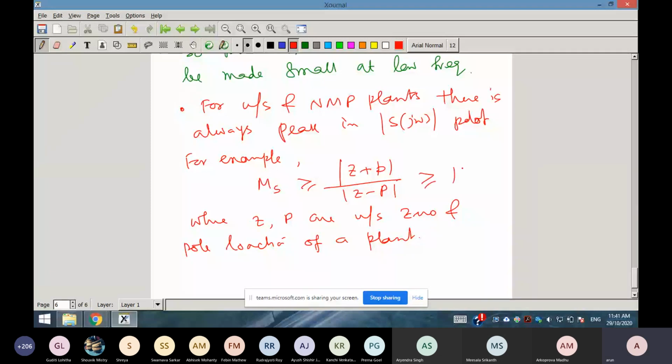So Ms less than 1 you cannot guarantee for an unstable non-minimum phase plant. There will always be a peak in the S(j omega) plot, and therefore Ms will be greater than 1. So this implies an unstable NMP plant suffers from poor robustness.